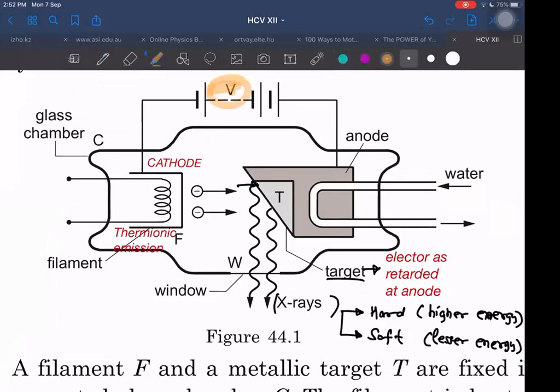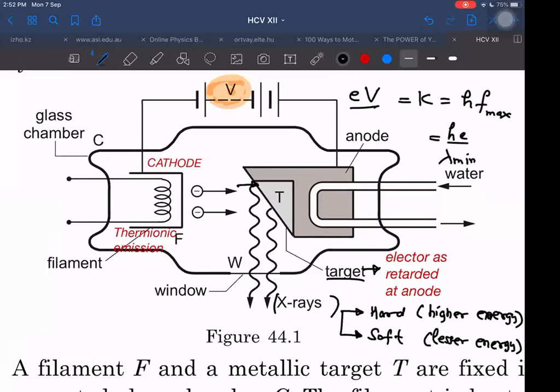When we increase the V value, the energy becomes more, because the energy gained by the electron is equal to eV, and that becomes equal to the kinetic energy, which gets converted into a photon, so it becomes equal to hf max, and that also equals hc by lambda minimum.